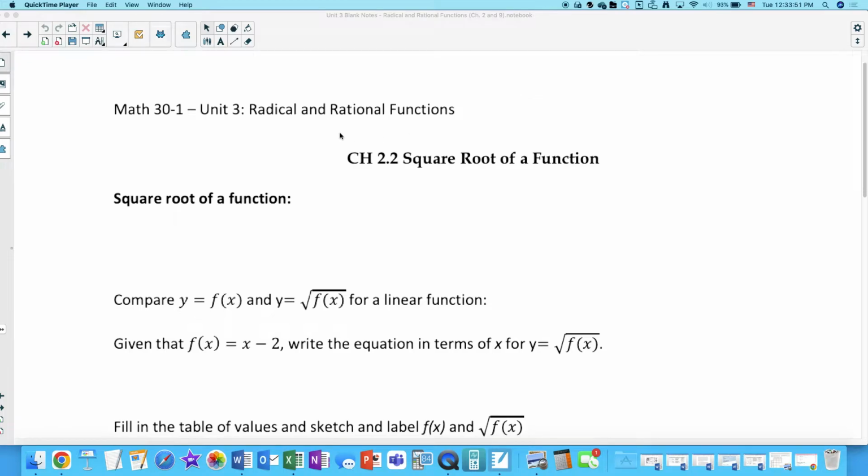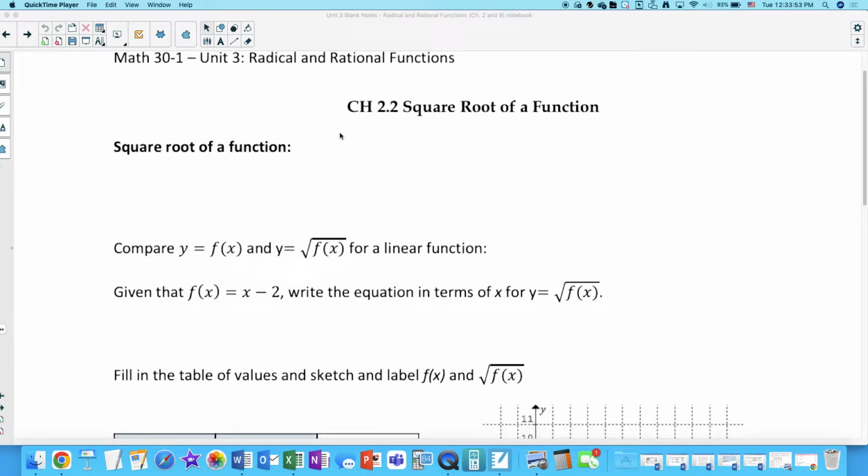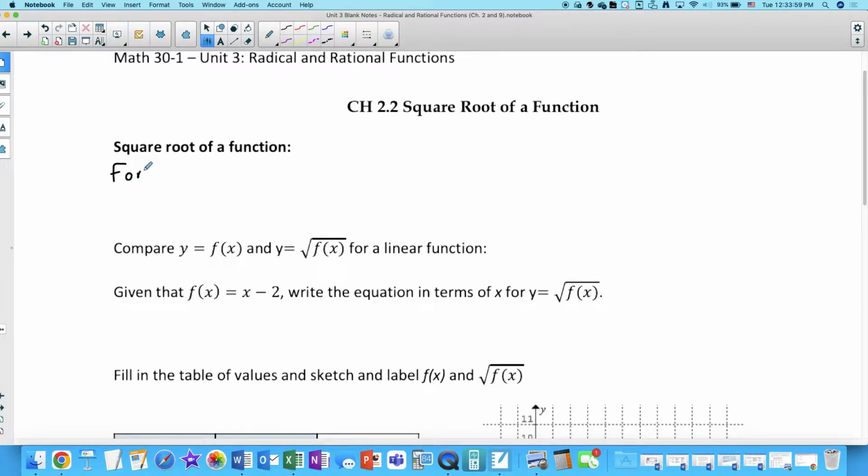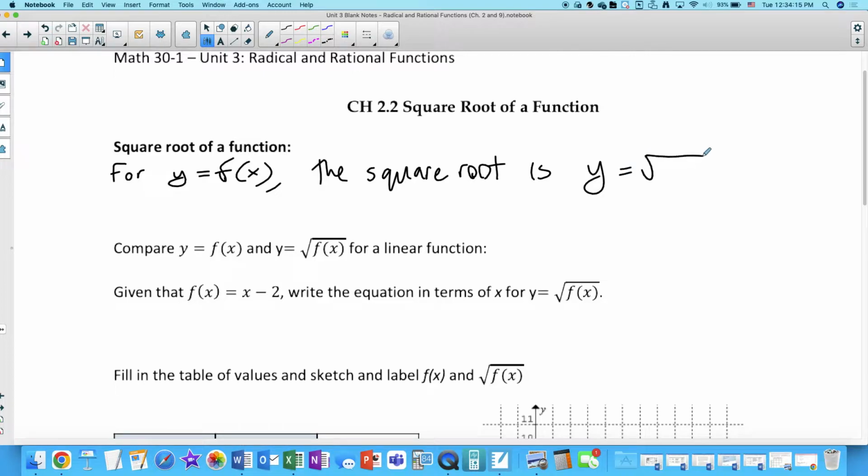Okay, so for a function y equals f of x, the square root of this function is y equals the square root of f of x.